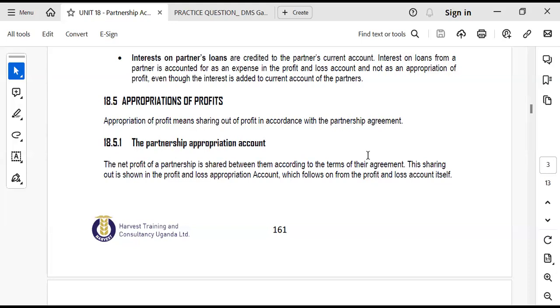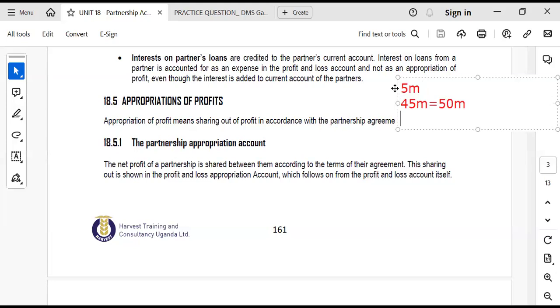In the event that something like that happens, you would do the math. For example, there are two partners, one brought 5 million, the other brought 45 million, to make up a business of 50 million. How shall I know how much profit each gets? The question could tell you that profit appropriation is as per capital contribution. That means we are going to appropriate profit according to the capital contributed.